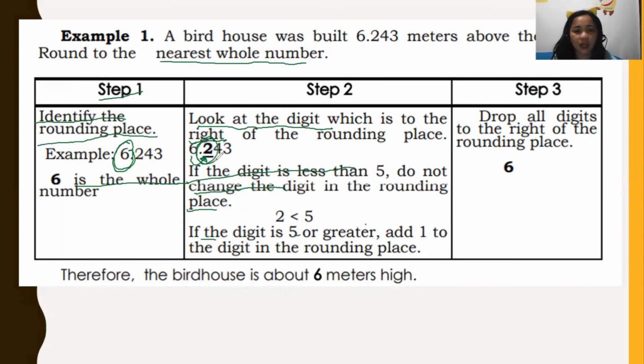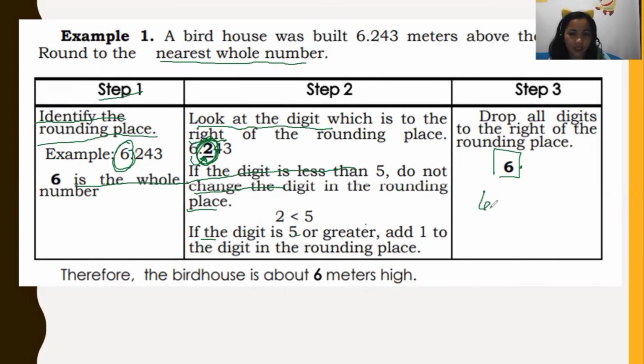Dahil 2 ang katabi niya, huwag daw dadagdagan si 6. So drop all the digits to the right of the rounding place. Diba ito ay 6.243 or 6 and 243 thousandths. Aalisin mo na yung natitirang digit. Ang natira na lang ay 6.